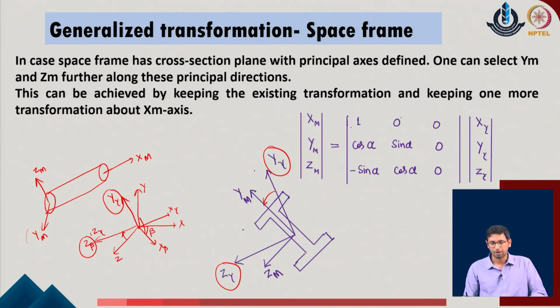So, it is finally giving me a transformation rule like this, that x of m, y of m and z of m, the three components, are related with respect to the gamma components of the given system, which were the originally defined ones.